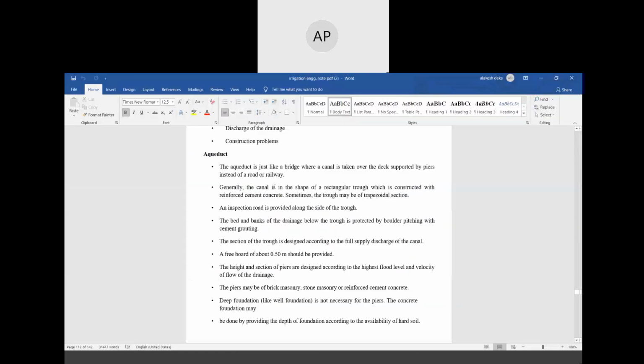Generally, the canal trough is rectangular in shape, constructed with reinforced cement concrete.